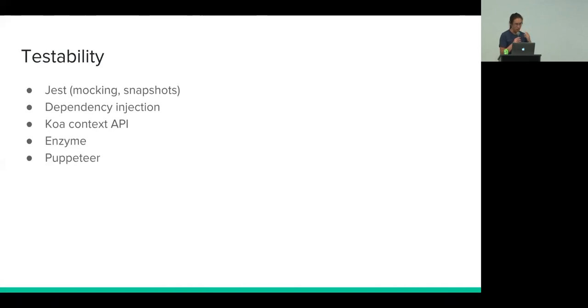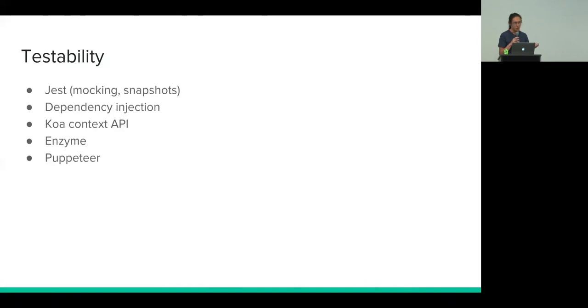Fusion, the CLI package, comes with Jest out of the box. It has some configuration that makes it easier to get started. For example, it lets you write tests that are server specific or browser specific, and gives you some utilities that you can use.